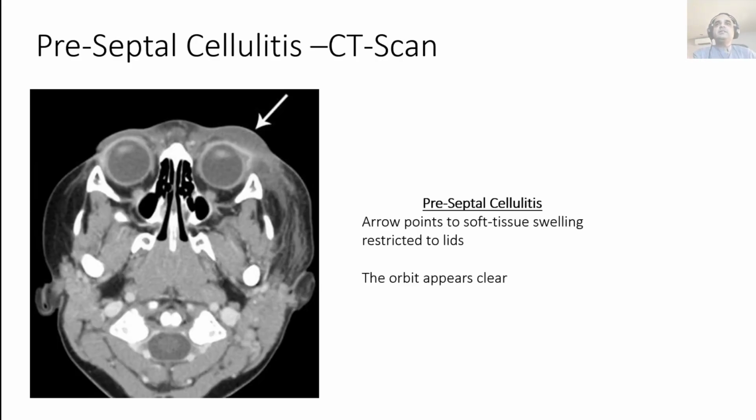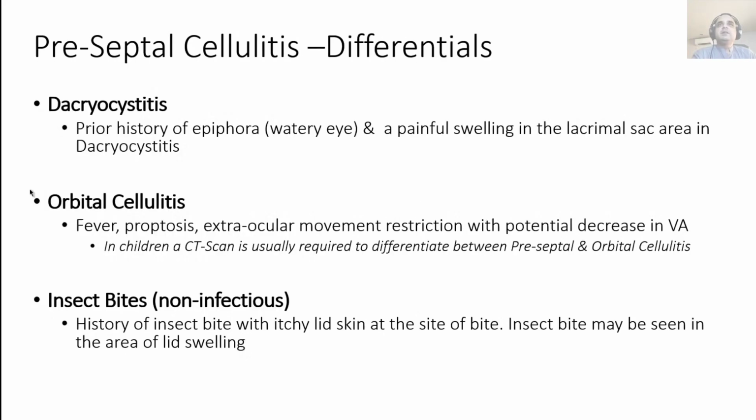So this is what a CT scan of a pre-septal cellulitis would look like. There is a lot of soft tissue swelling in front of the orbital septum, and the orbit itself is pretty much clear. So the differentials are important, and the most important differential is obviously an orbital cellulitis.